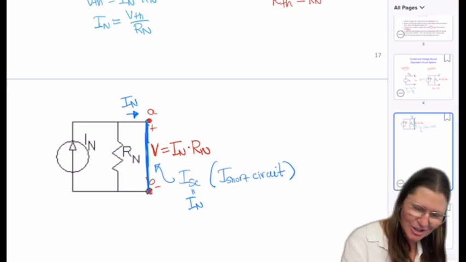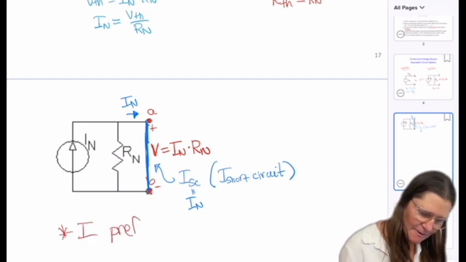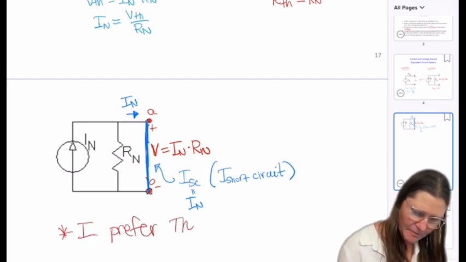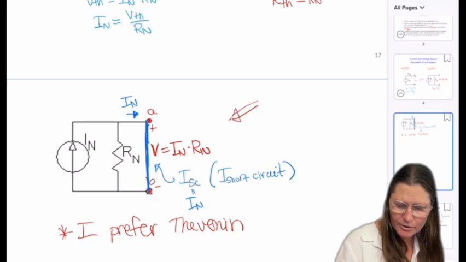I prefer the Thevenin. And the reason is that this doesn't always work.